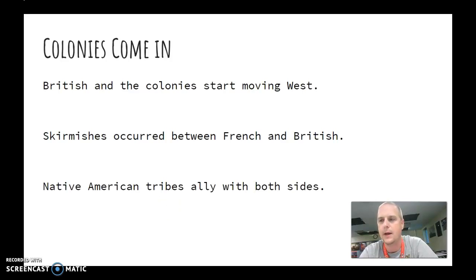And so an ally is someone that's going to work with you. And if you go to war, they're going to fight along your side. And both sides are getting Native American tribes to join with them by paying them, by trading with them, by promising things to them. So the French definitely are promising, hey, if we win, we will leave you alone. We're here to just trap.